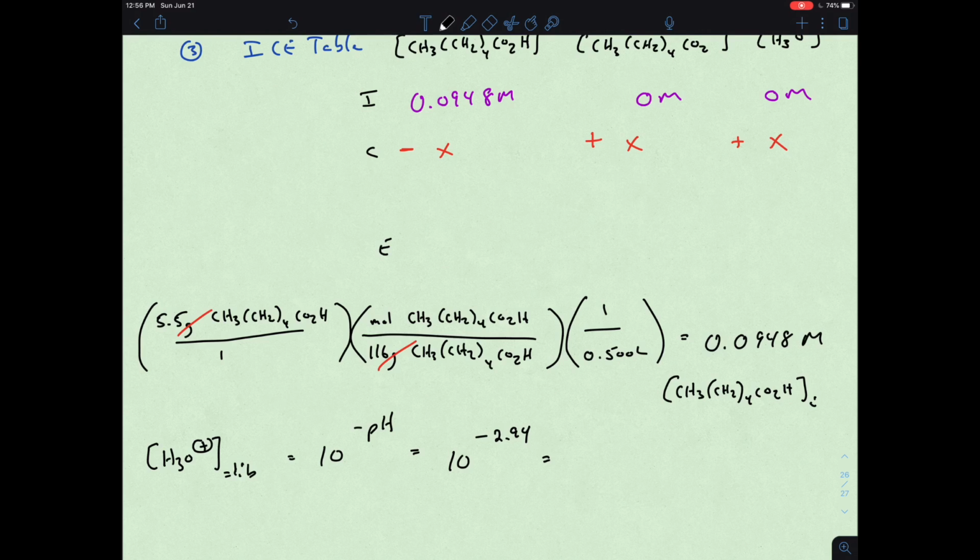That gives us a concentration of 1.15 times 10 to the negative third molar in terms of that hydronium ion concentration at equilibrium. So we have our value for the equilibrium of hydronium, and that's actually telling us what our value of X is going to be. Right, it's going to be a positive 1.15 times 10 to the negative third for both my products.